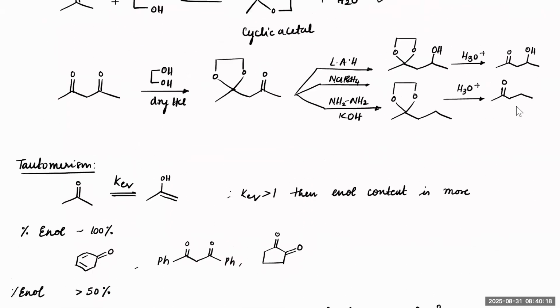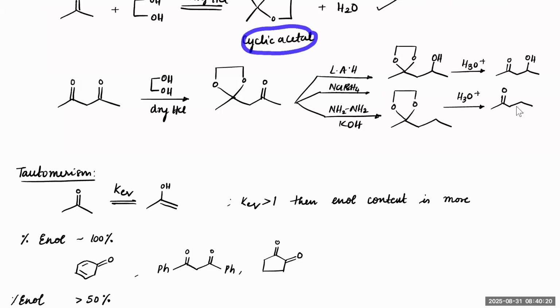See, this cyclic acetal preparation will really help in protecting an aldehyde or a ketone group whenever it is necessary. For instance, if there are 2 ketone groups and I react with a glycol, one of the positions will get a cyclic acetal formation.